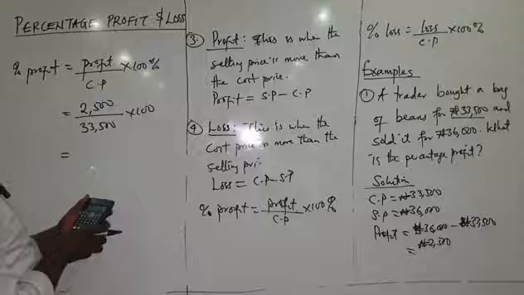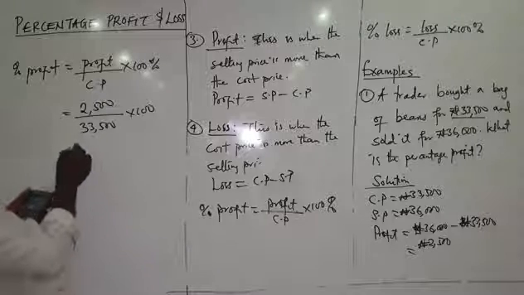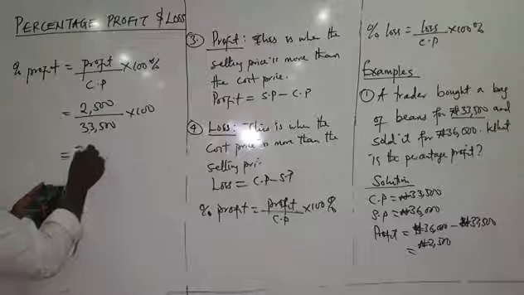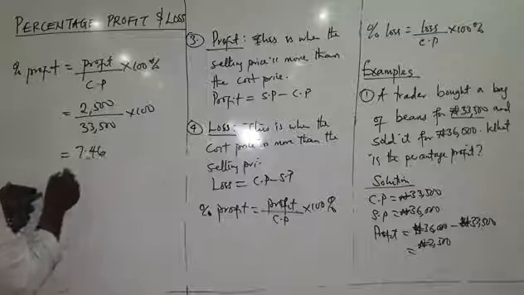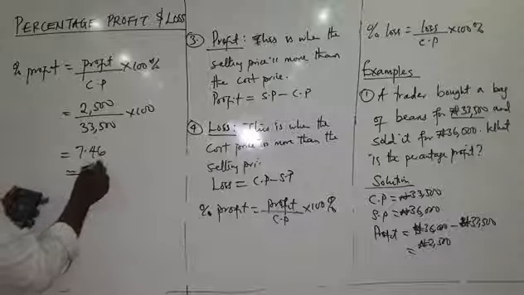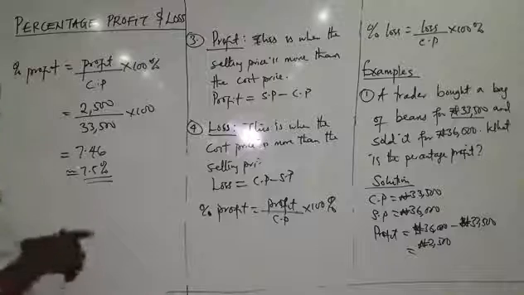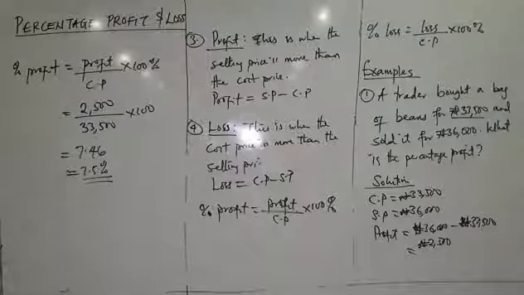Then multiply by 100. So that gives 7.46, which is approximately 7.5%. So the percentage profit here is 7.5%. I hope that is clear. So that is the first example.